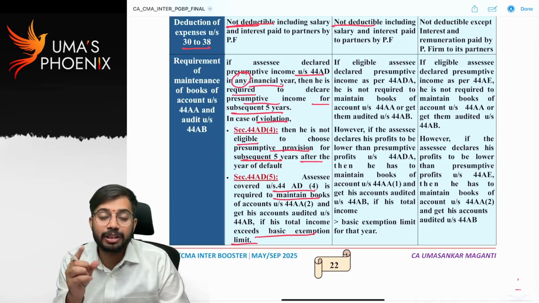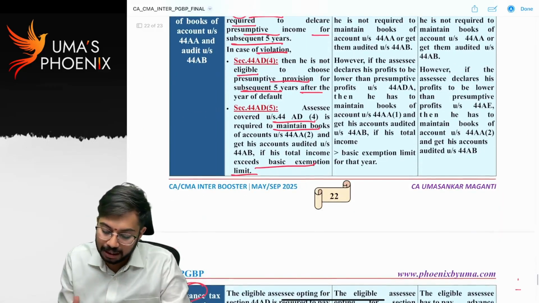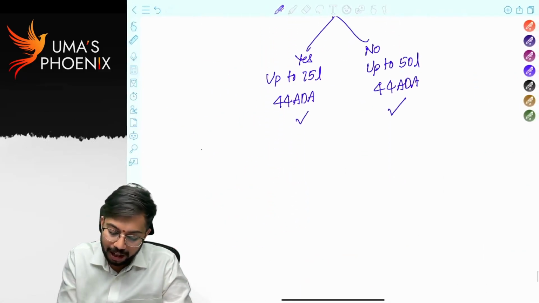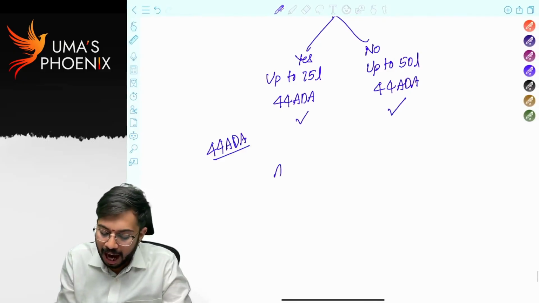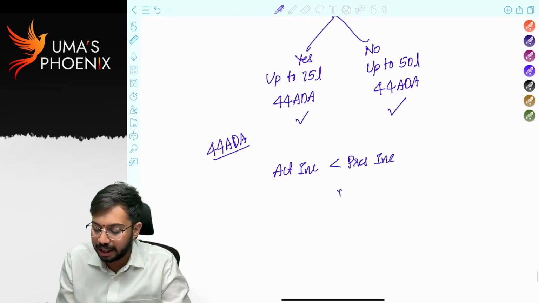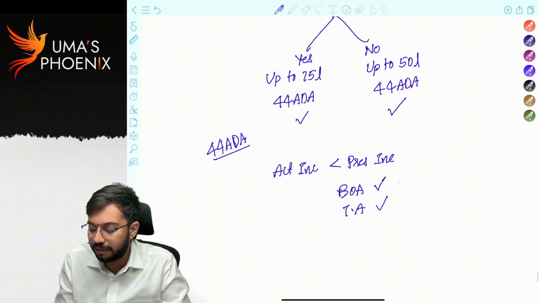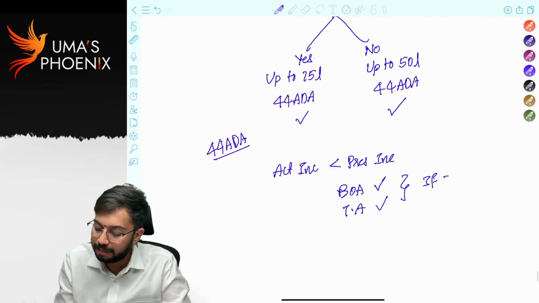However, if he discloses his income less than the presumptive income, that means under 44ADA, actual income is less than presumptive income, in such a case, books of accounts are required to be maintained. Tax audit is also required to be done if his total income is greater than the basic exemption limit.